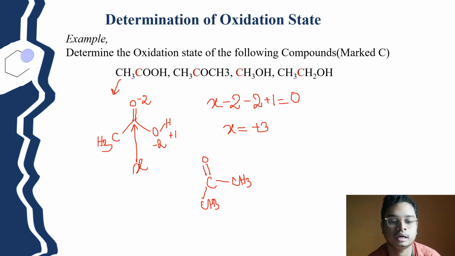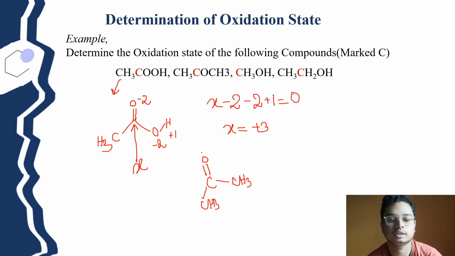If this were not carbon but nitrogen, then this bond would have an electronegativity difference, due to different atoms having different electronegativity. Since these both are carbon, these carbons do not influence or participate in determining the oxidation state of this particular carbon.